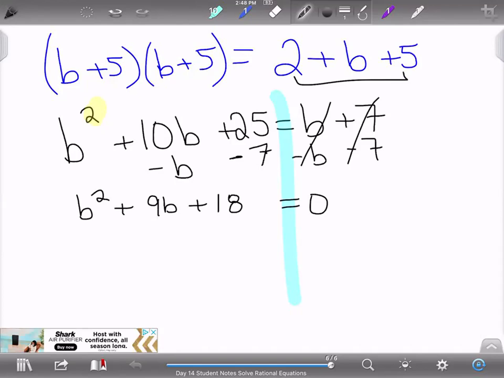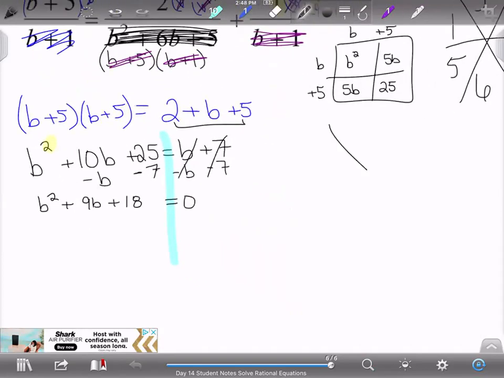In order to factor it, we're going to jump over to another asterisk. So we're going to have 1 in the top left, top right, 9 in the bottom middle, and 18 times 1 in the top middle, which is 18. So we're going to find two numbers that multiply to give us 18, but add to give us positive 9.